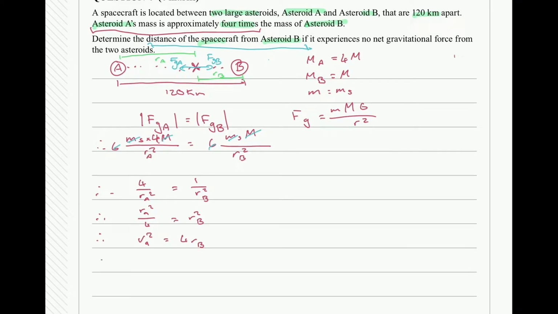And then what I'm going to do is I want to get rid of the square on each side, so I'm going to square root. So square root of that complete side. Remember, when you do the square root, you're not just doing the square root of the r squared, but you're also doing the square root of the 4. What that's going to give me is radius A is equal to 2 radius B.